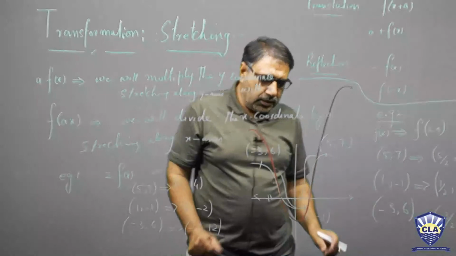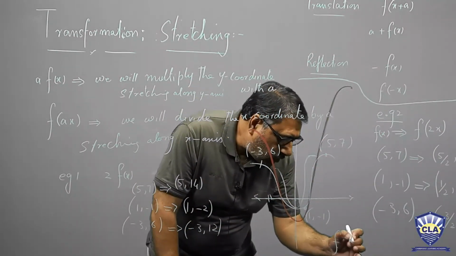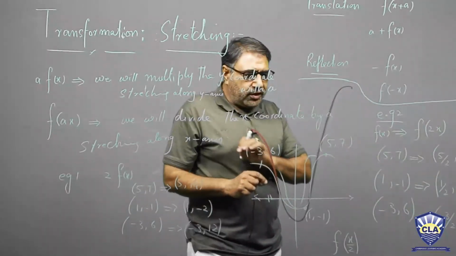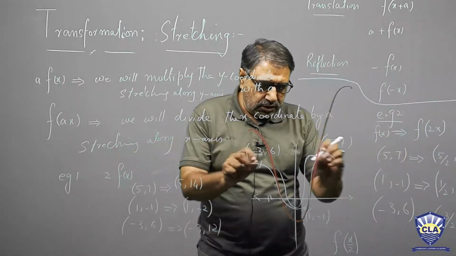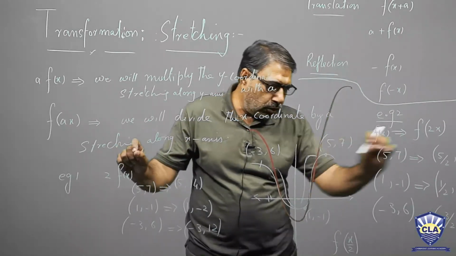If it is f of x over 2, then we will multiply all the x coordinates by 2. Then it will stretch like this along the x-axis. This will move to that side, this will move to this side.